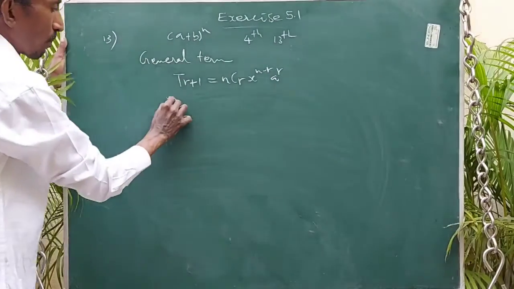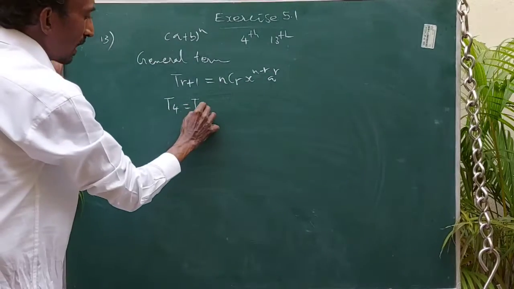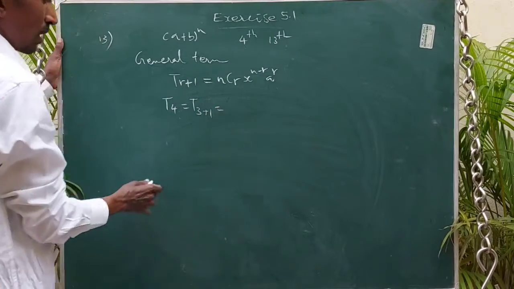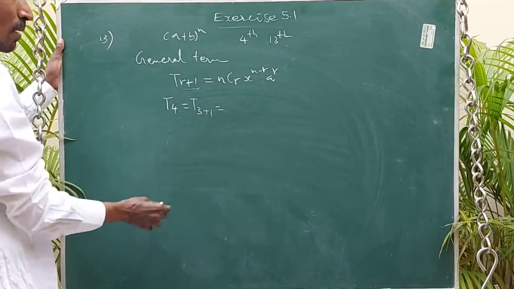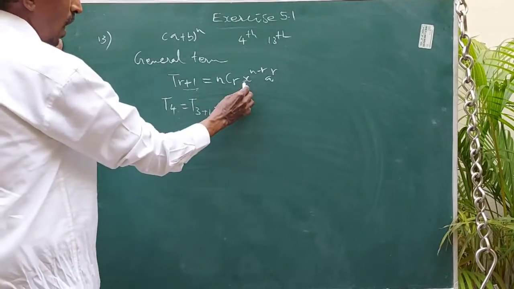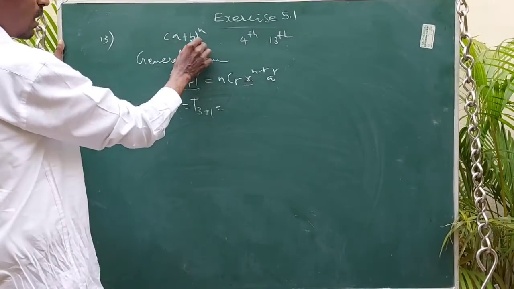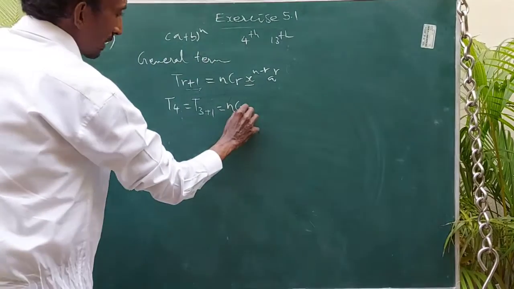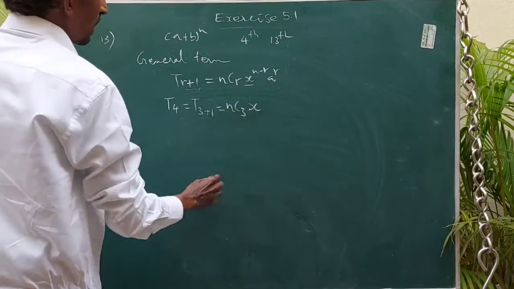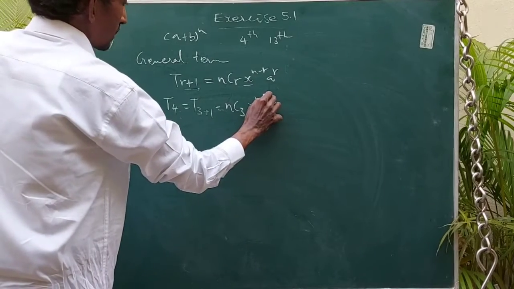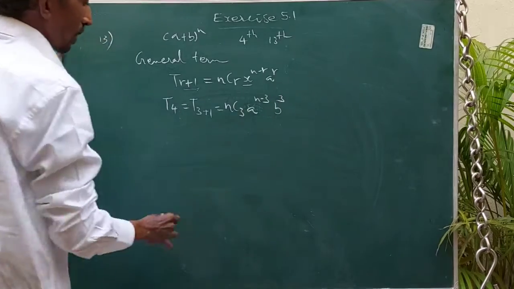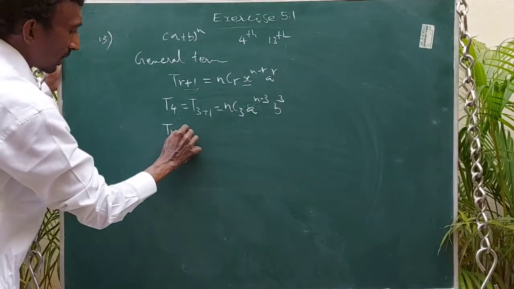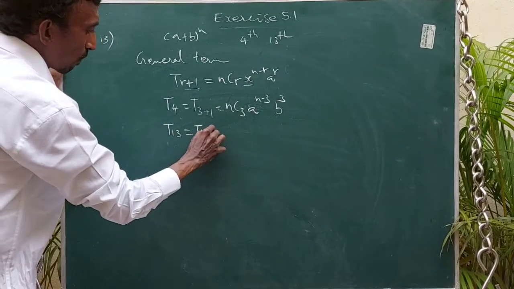Here the fourth term, t4, can be written as t of 3 plus 1. The general format is r plus 1. So put r equal to 3 and x equal to a, a equal to b. So nC3 a power n minus 3 and b power 3. Similarly, the 13th term means t of 12 plus 1.